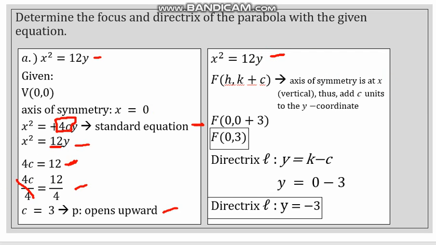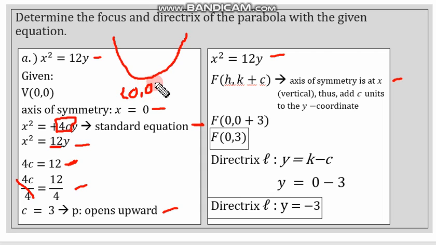So again, this is our parabola equation. x squared is equal to 12y. Since our axis of symmetry is at x is equal to 0. By the way, we're expecting our parabola to be opening upward with vertex 0, 0.